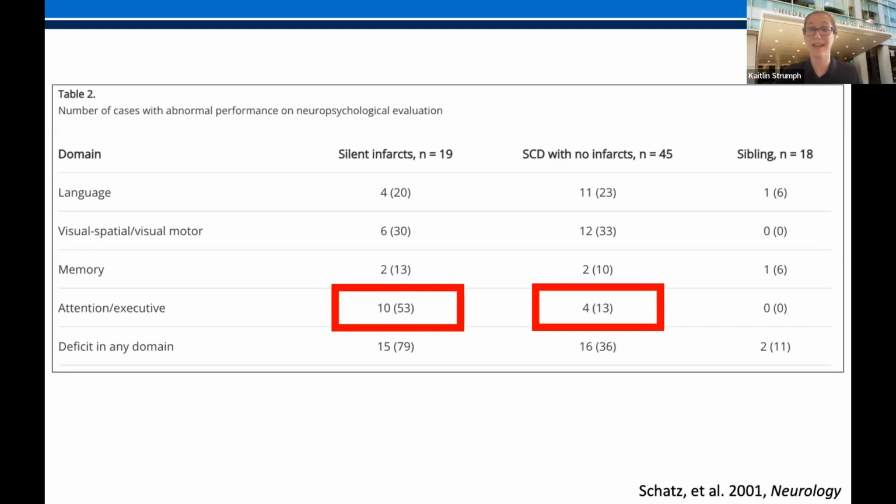And if you look to the right, the siblings had 0%. So sickle cell disease itself is likely associated with executive functioning difficulties, but the children who actually have signs of ischemic injury that you can see on imaging are at even higher risk.